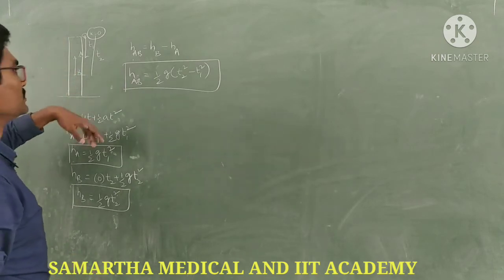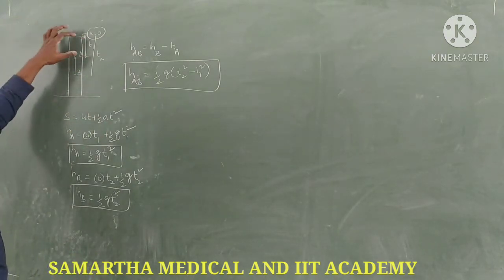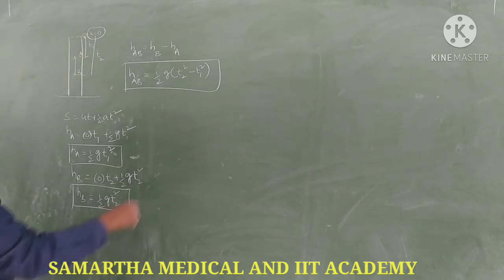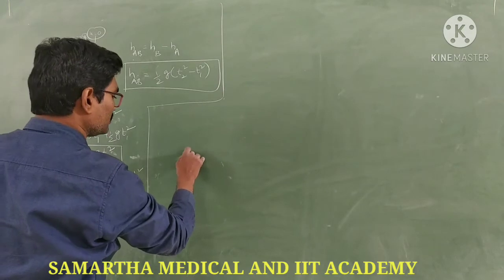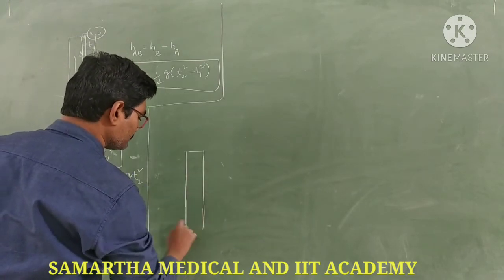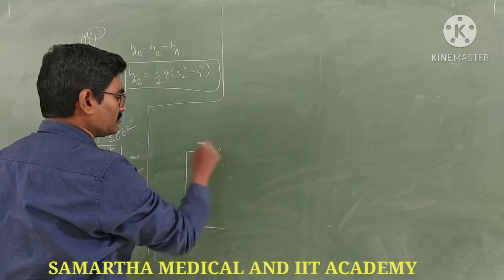Okay, next. Suppose instead of given times, they have given distances, like this is H1 and this is H2. It is just like here, there is a multi-story building. The body is dropped, so u is equal to 0.